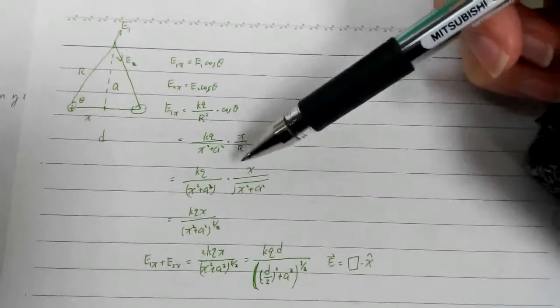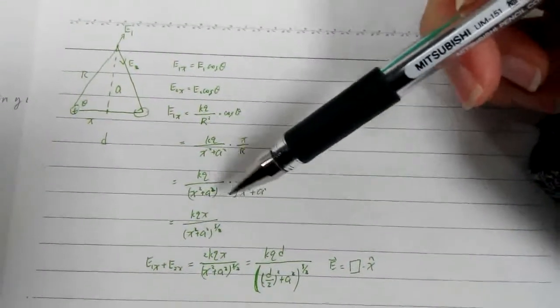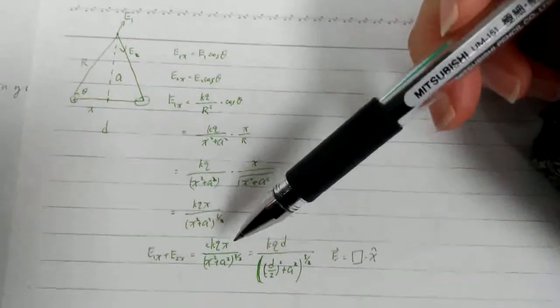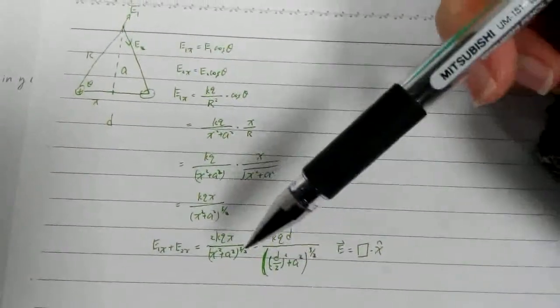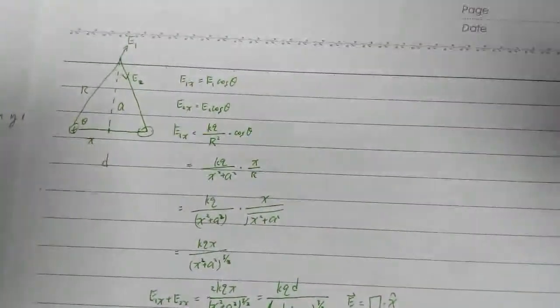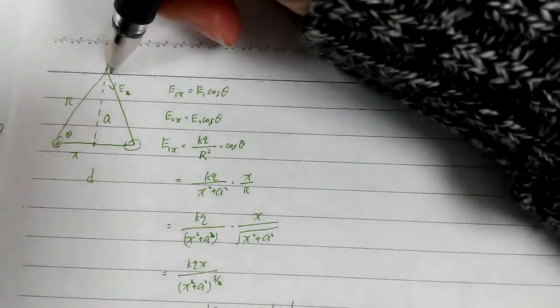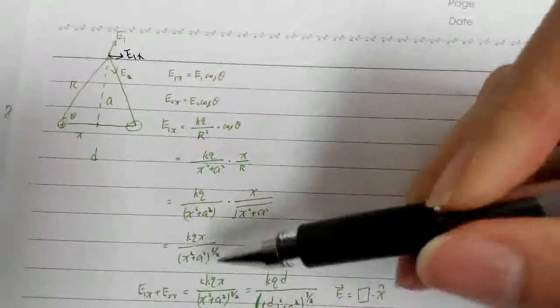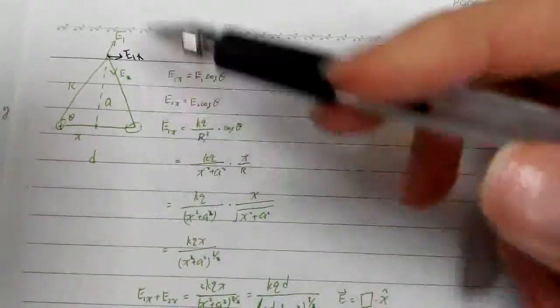Okay? And r can be changed to this one. Then this totally will be here. And we know that if we add in this E1, the E1x component here, E1x will equal to this. The magnitude of E1x is here.